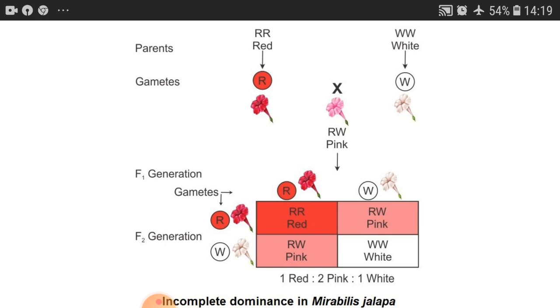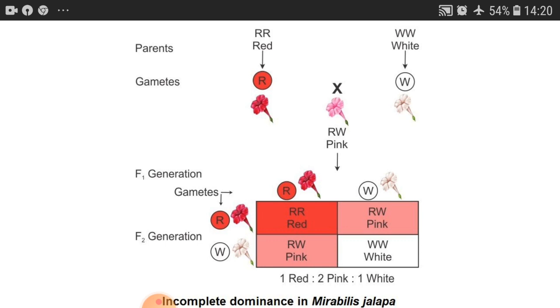So here we take it as R and W. So here you see the resultant RW of the F1 generation are pink because they produce only half the amount of the flower pigment which is produced by the RR homozygous alleles, right?